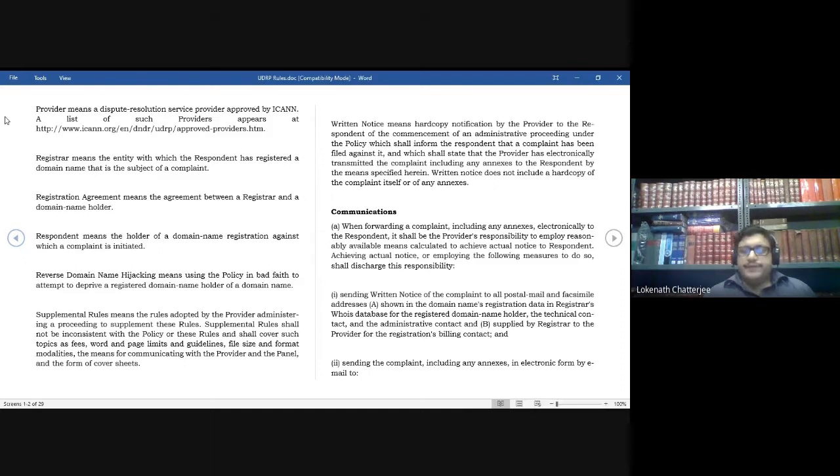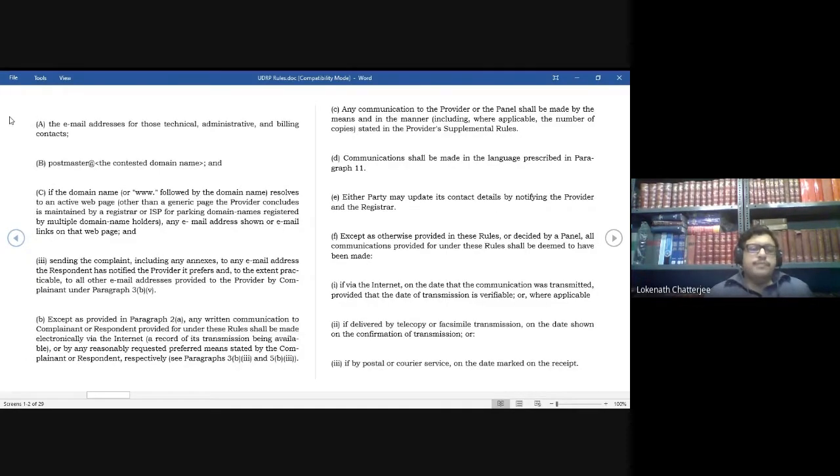So it should be sending written notice to all postal mail and facsimile addresses. Moving on, all email addresses.